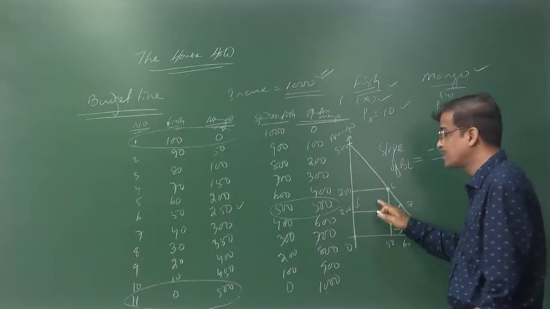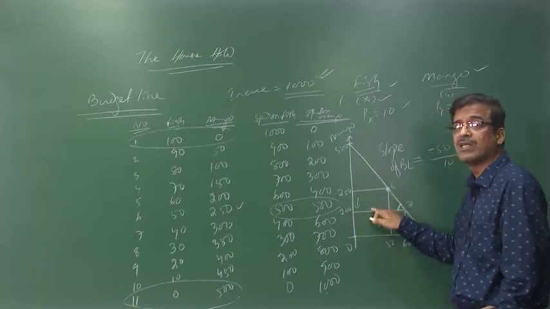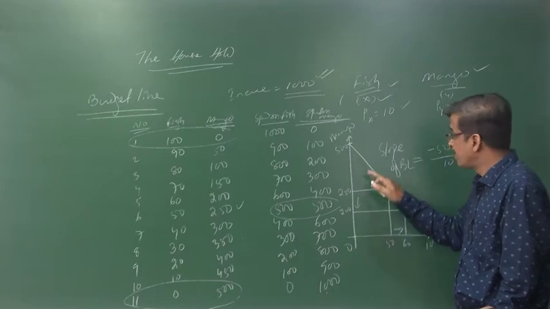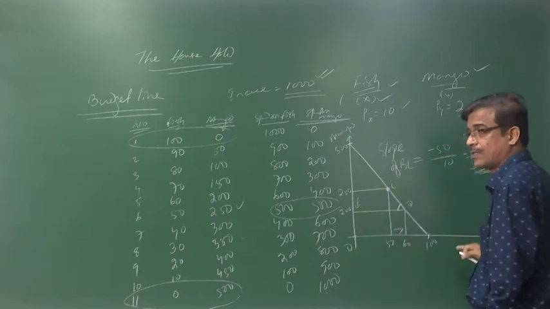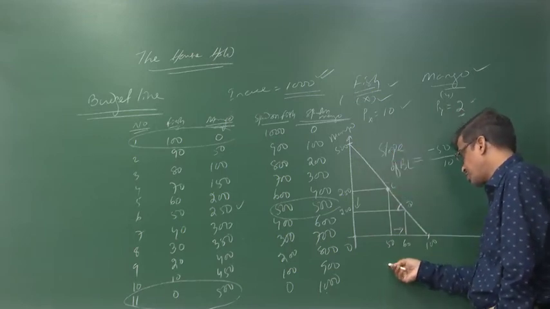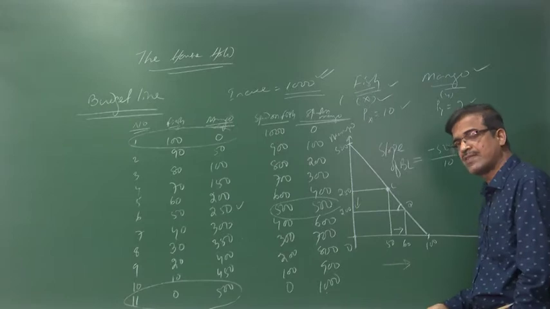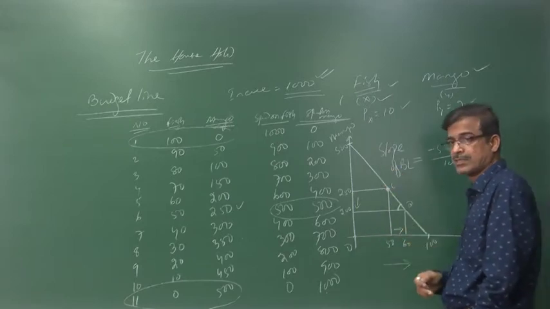That means he is not going to spend the entire income if he consumes anything inside this triangle. The only possibility to spend all the income is on this price line. He can move on this price line, but if he tries to consume some extra units of fish, he definitely has to sacrifice some amount of mango, and vice versa.